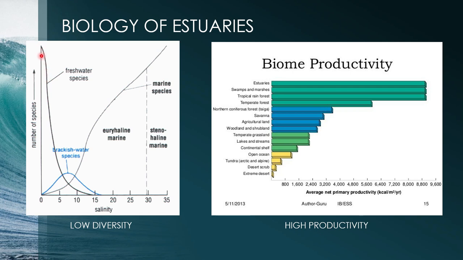We have freshwater species, and those are very, very common at the river mouth. But the diversity of freshwater species falls off precipitously as we get just a little bit of salinity. See that? 5 parts per thousand salinity. Freshwater species really can't tolerate that.